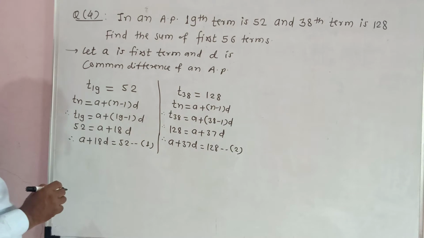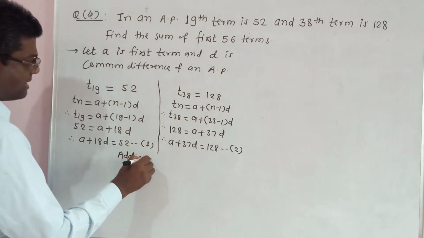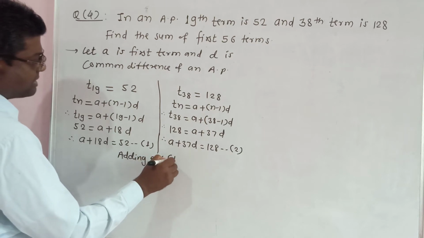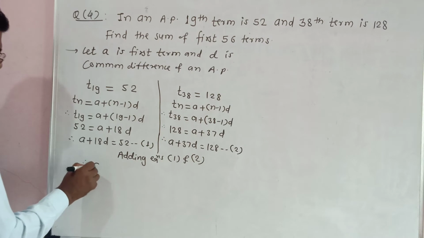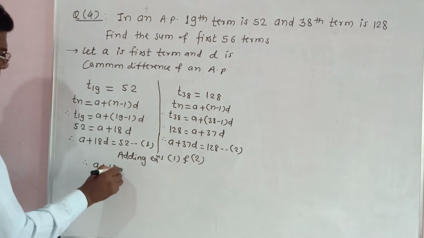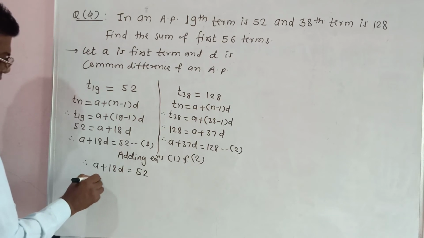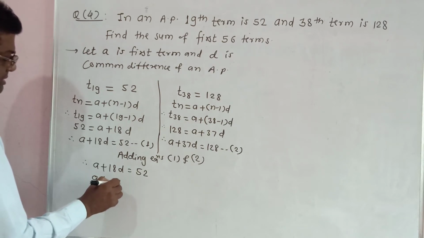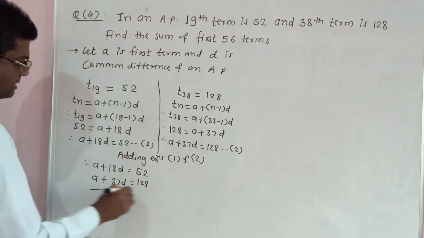Now add equations 1 and 2. Equation 1 is A plus 18D is equal to 52, and equation 2 is A plus 37D is equal to 128.